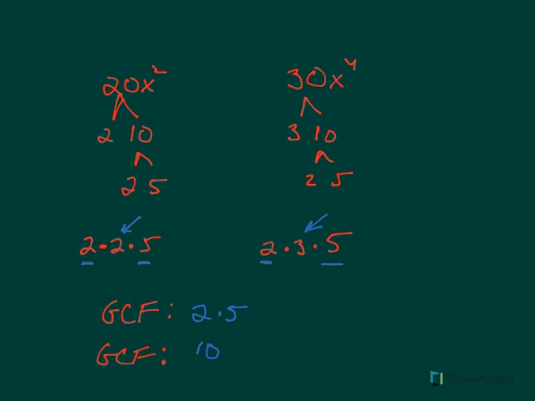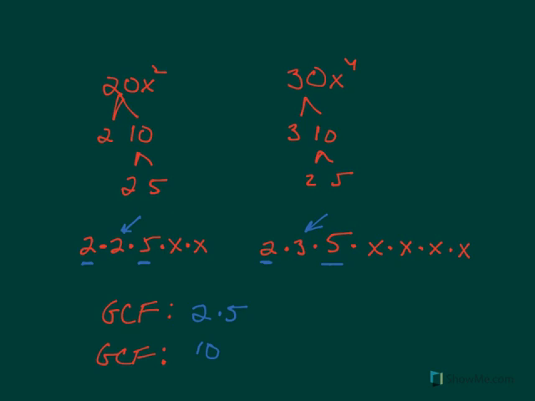So if you think about what's making up an x squared, they basically have an x and an x. So x times x is the x squared. And then what about the x to the 4th? You basically have 4 factors of x. And then we can continue doing what we were doing with the numbers.